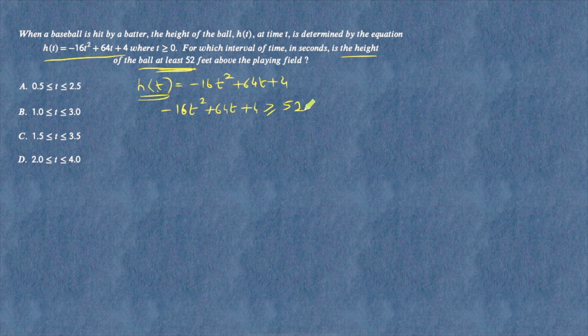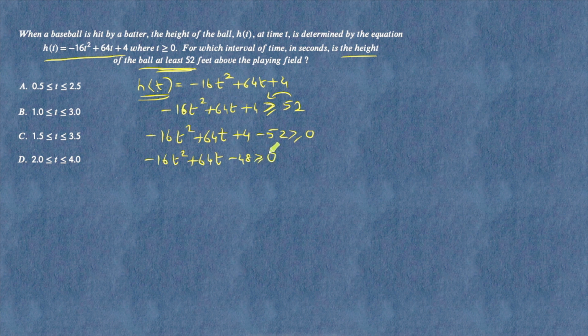So let's see how we can do this. Just as usual, move this number to the left hand side. So you get minus 16t square plus 64t plus 4 minus 52 is greater than or equal to 0. Now you get minus 16t square plus 64t minus 48 greater than or equal to 0.